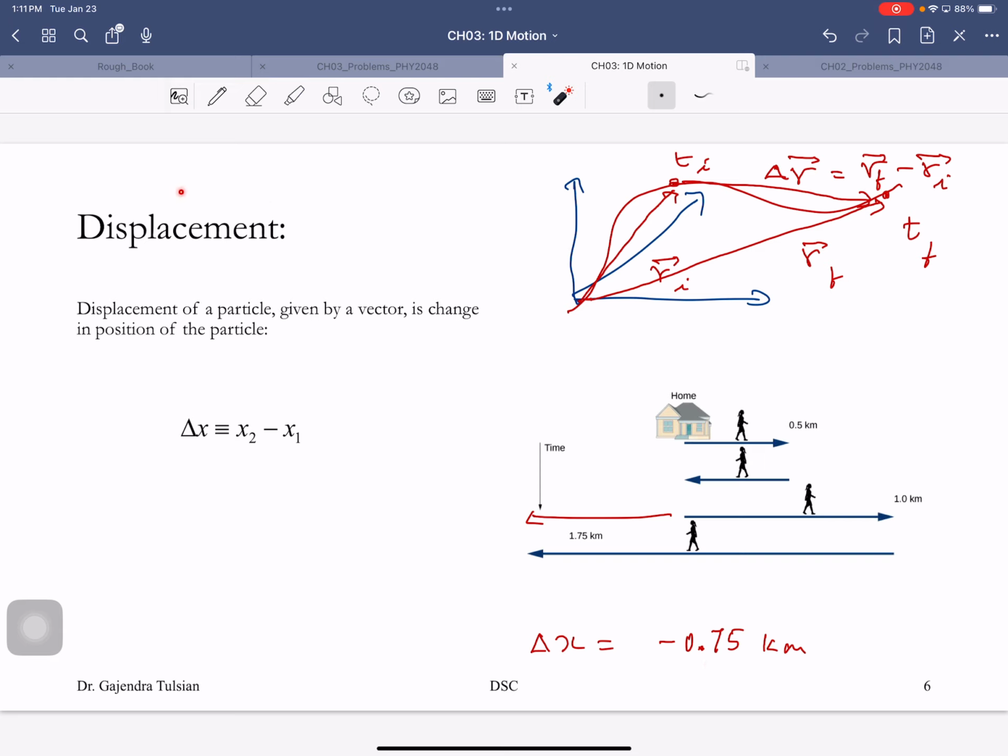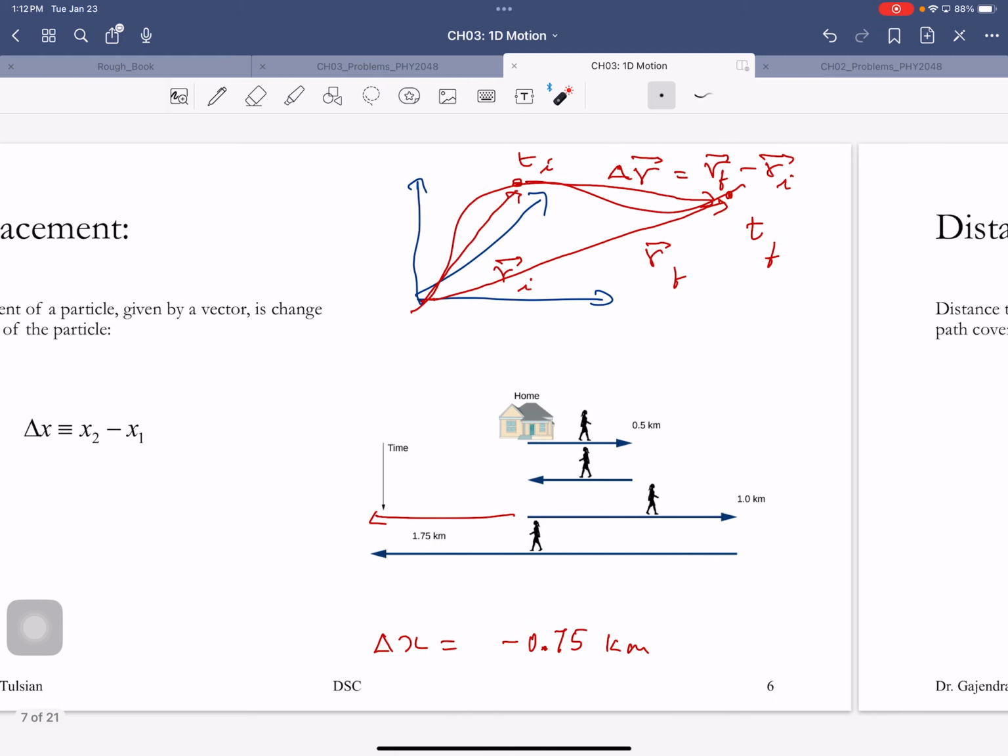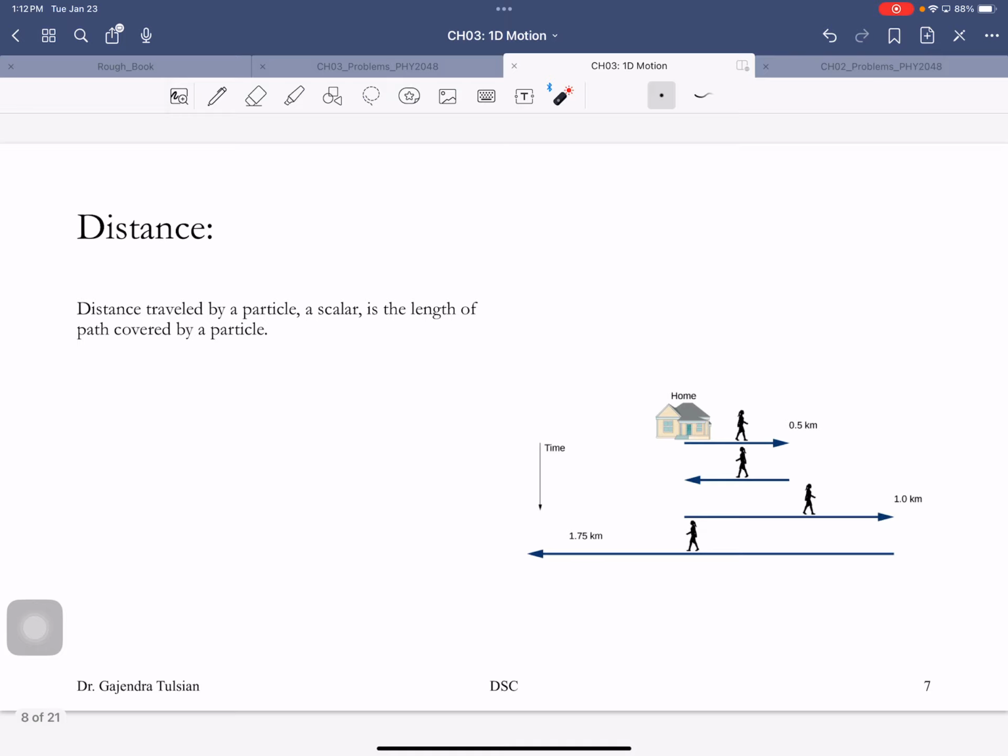So the displacement is a vector. This guy is a vector, even though we haven't written an arrow on top. It's the final position minus the initial position. In 3 dimensions, it's better. The displacement vector is final position minus the initial position. That's the same thing here. Distance is a scalar.